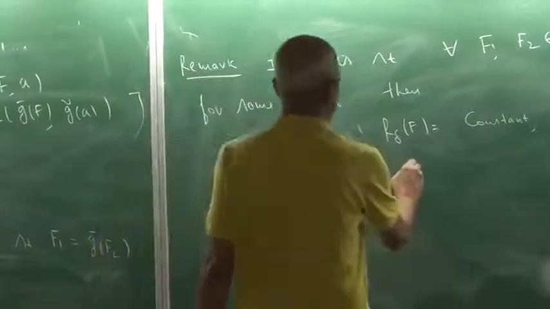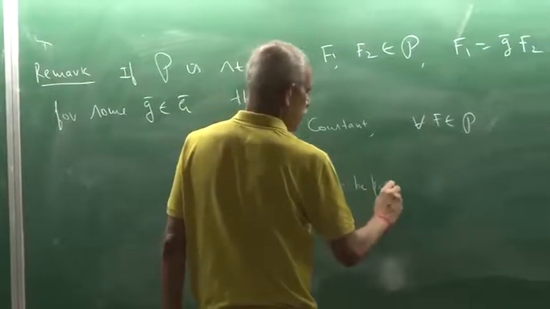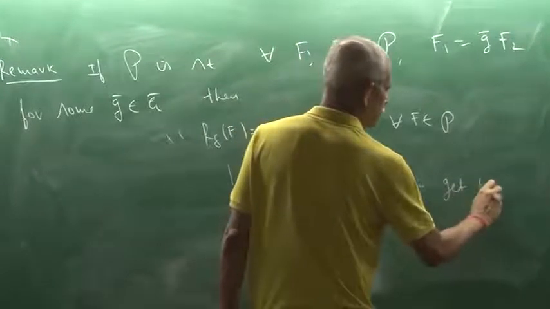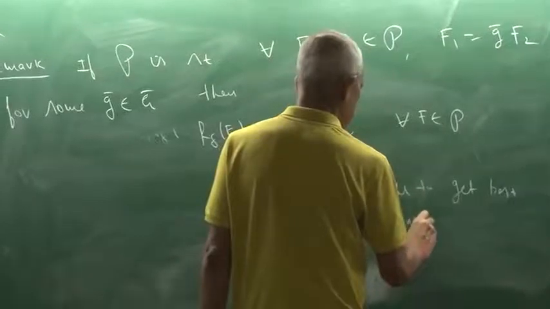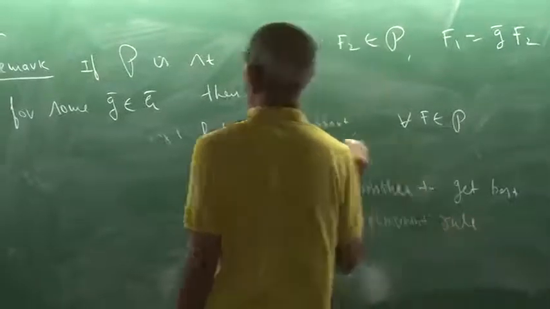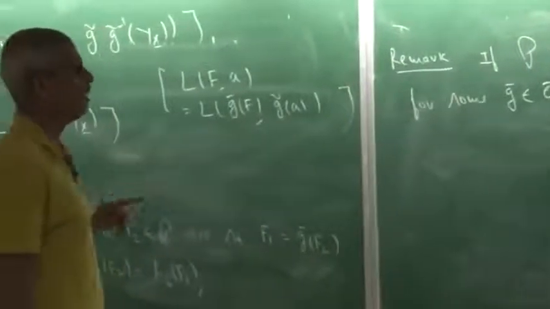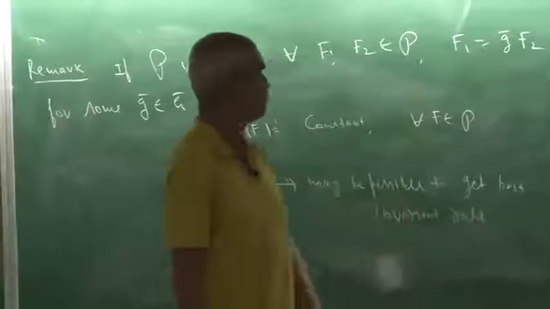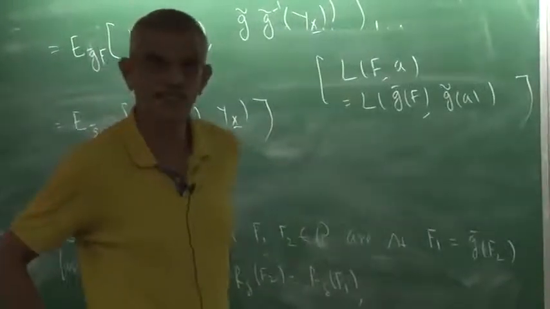So it may be possible to get the best invariant rule, especially in situations where my P says that any two elements of P are related through some g bar. In such situations, it may be possible to get the best invariant decision rule.